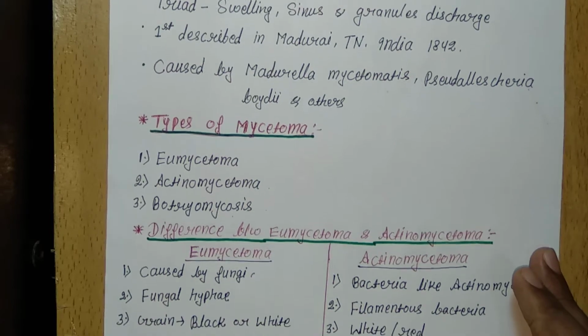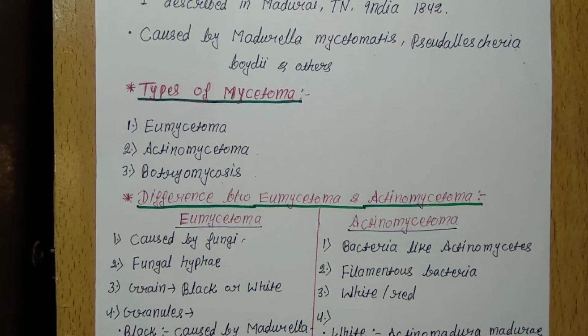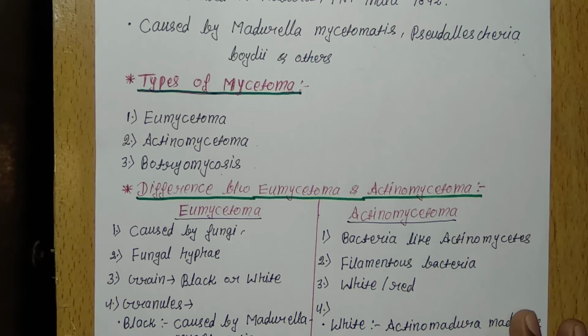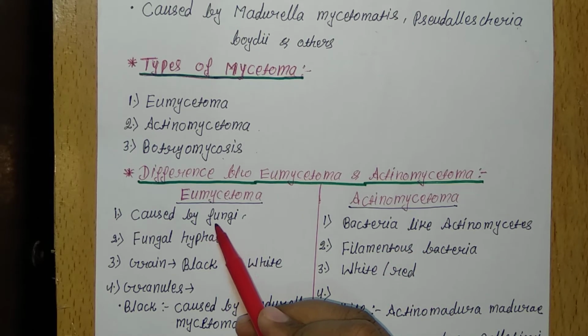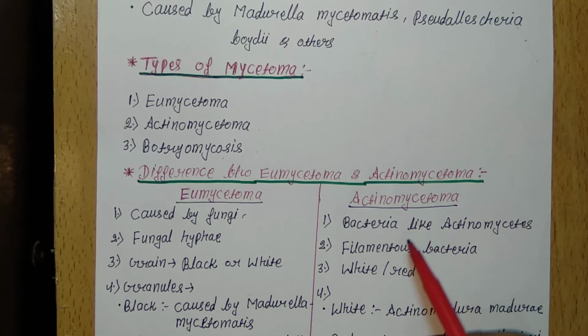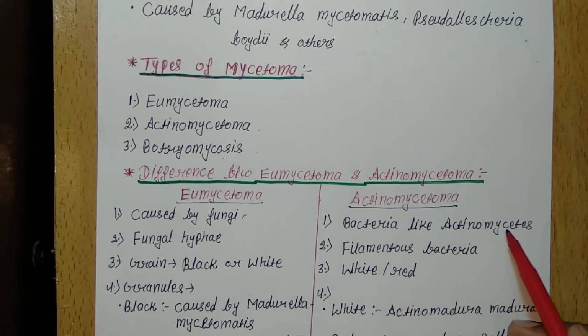Now I am going to discuss the differentiation between eumycetoma and actinomycetoma. Eumycetoma is caused by fungi, and actinomycetoma is caused by bacteria like actinomycetes.